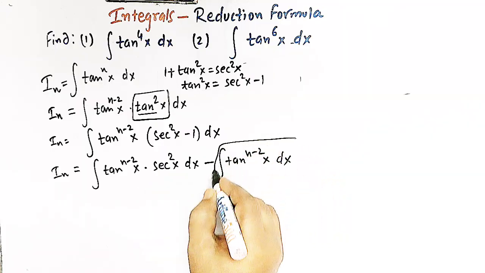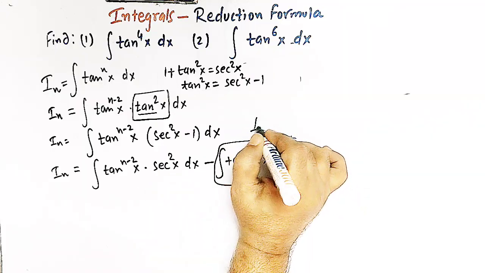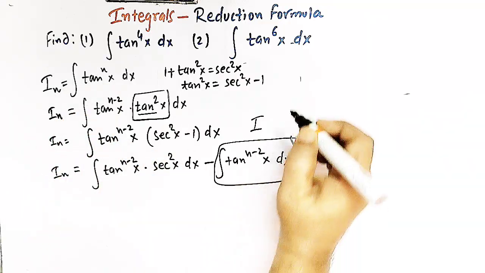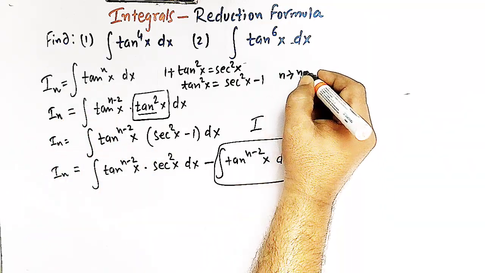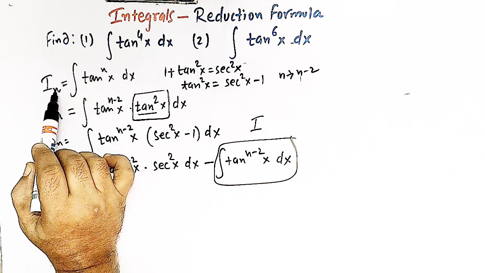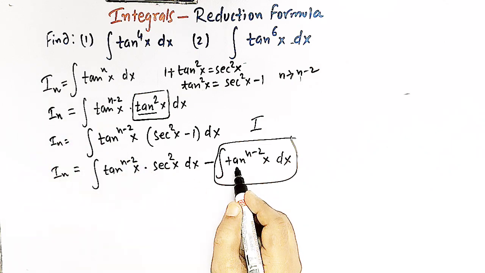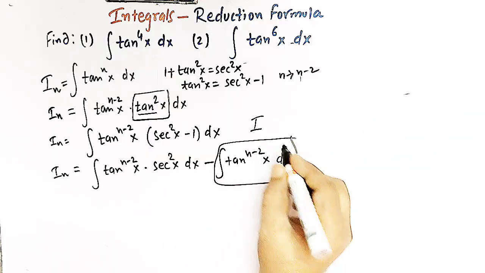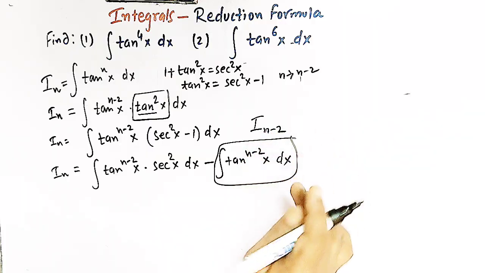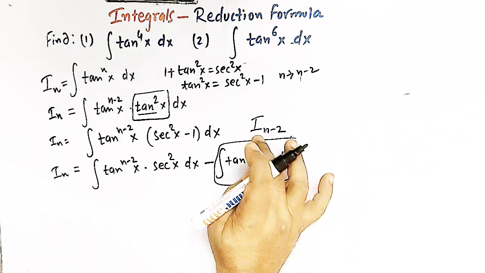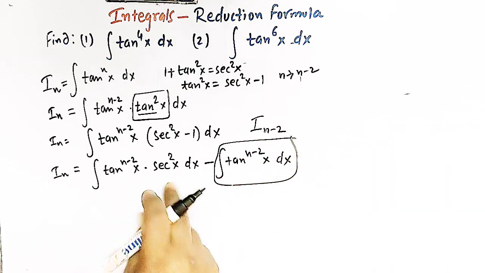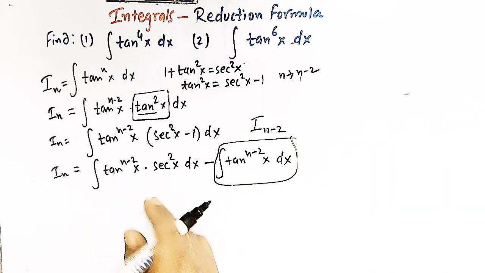Now this integral is simply given by replacing this n by n minus 2. So if we replace n by n minus 2 in this integral, we have this one, that is integral tan n minus 2 x dx. So we can now replace this integral by I n minus 2, and here we have this indefinite integral.